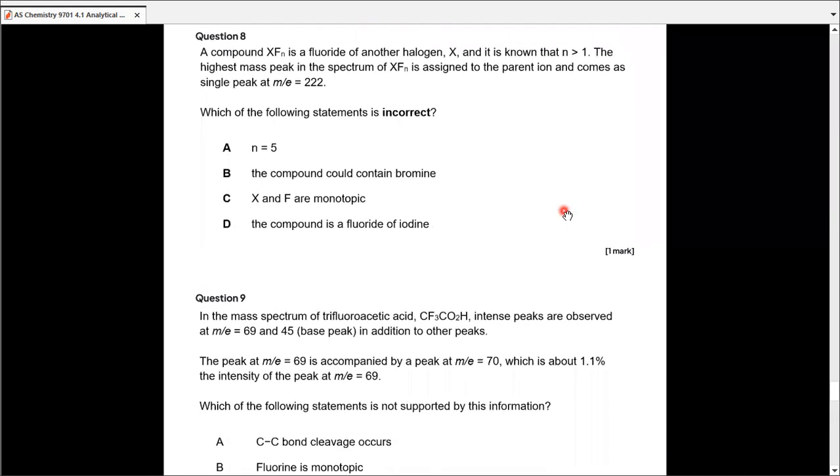You only need time to read through the question. Question number 8. A compound XFn is a fluoride of another element, and it's known that n is greater than 1. The highest peak in the mass spectrum is 222. Which of the following statements is incorrect?